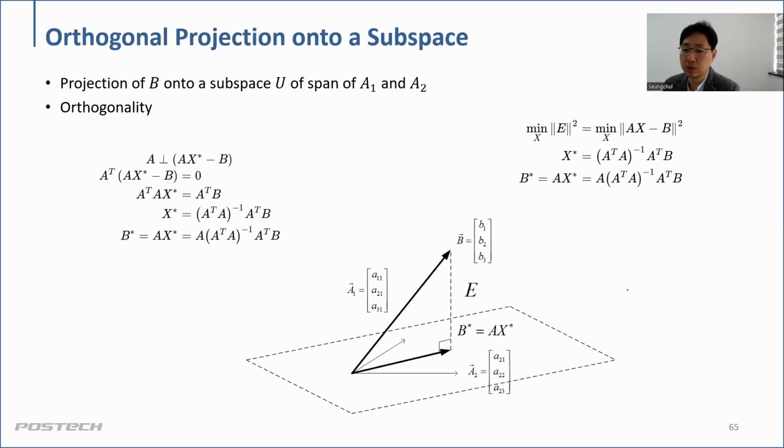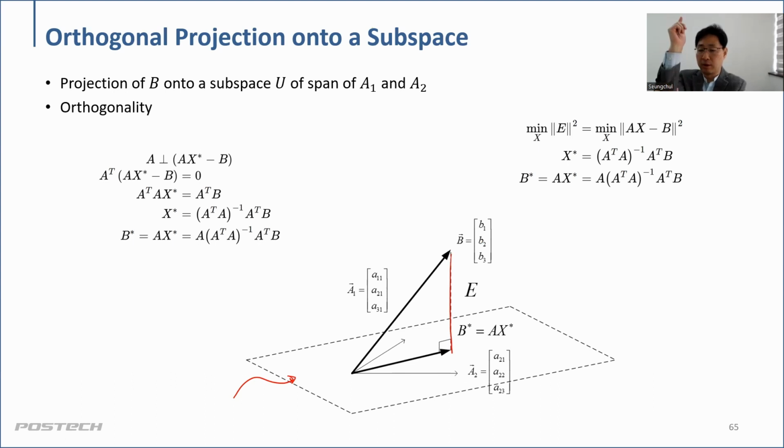Now let's go back to the original problem. I want to do orthogonal projections onto the subspace. Here I mentioned these are the subspaces that I'm interested in. I'm going to use the second method that I just mentioned.